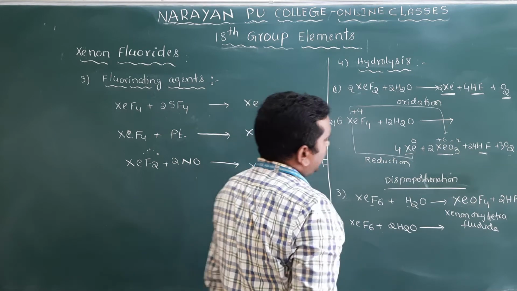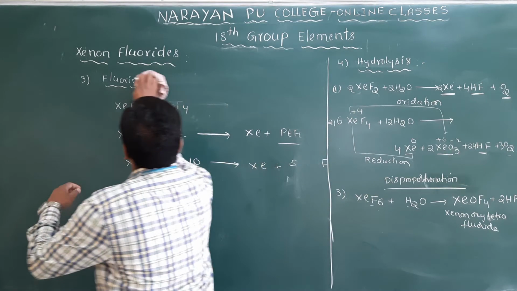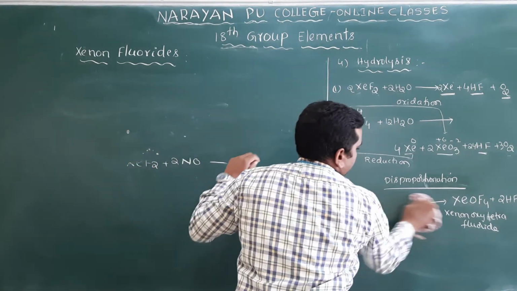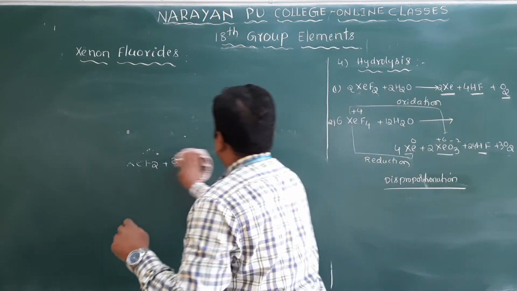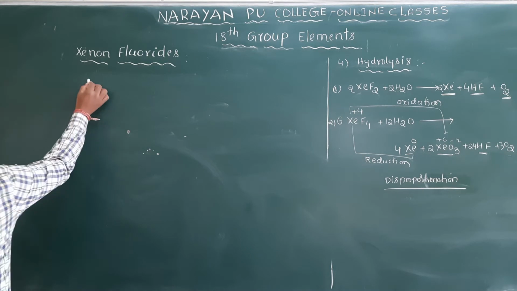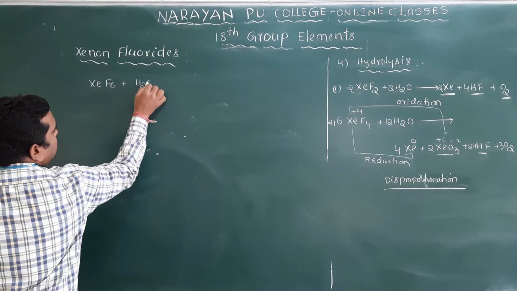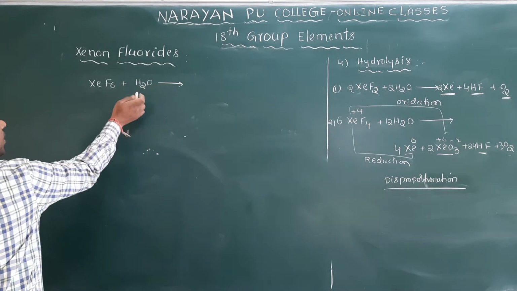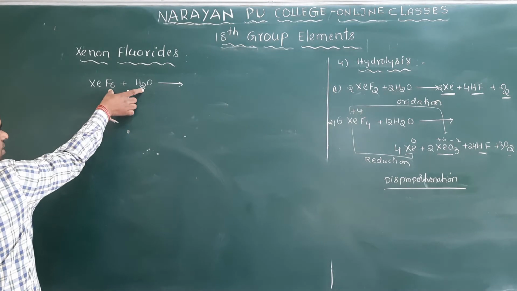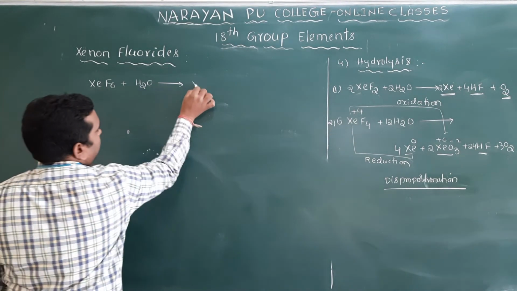If I take here 1 mole, I will write it in this one: the first one, xenon hexafluoride, partial hydrolysis. Then what will you get here? 2 hydrogen and 2 fluorine atoms will be removed as 2 HF, and what is left? Xe is left, oxygen is left, and 4 fluorine atoms are left.